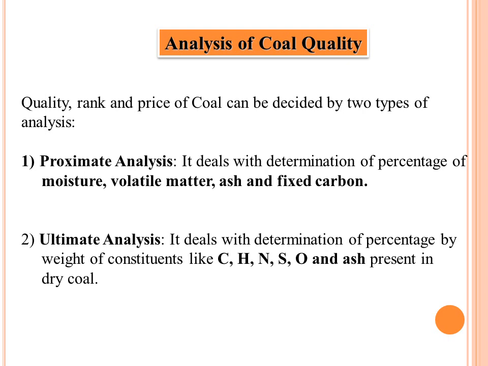The second type is ultimate analysis, which is elemental analysis. Here we analyze carbon, hydrogen, nitrogen, sulfur, oxygen and ash. For both, we will first see the procedure and significance of each.